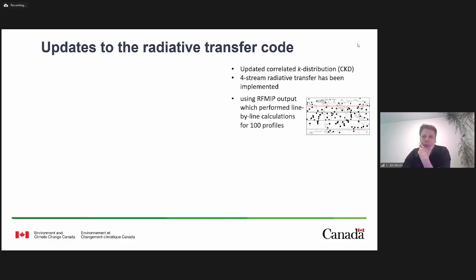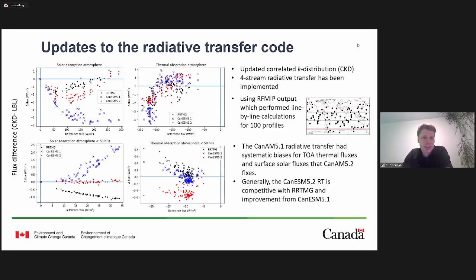We have the 4-stream radiative transfer implemented, and in radiative transfer codes, you can compare your new schemes with line-by-line calculations on 100 profiles, which are shown here on the right-hand side from the RFMIP. And if we're looking at how the radiation code is working in comparison to those line-by-line calculations.